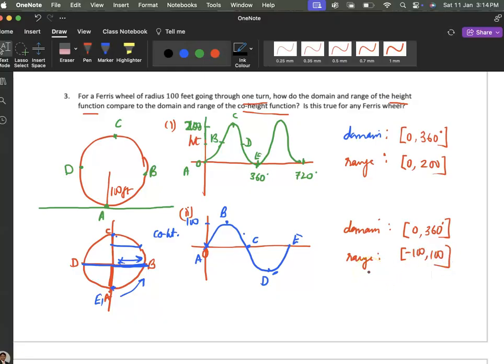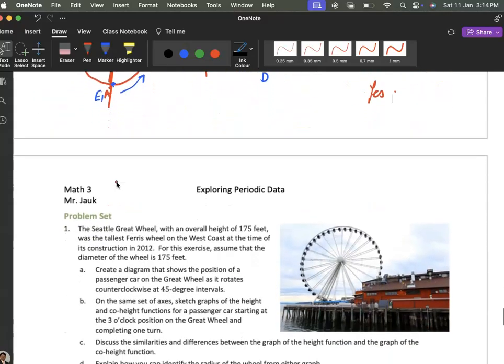I get it now. Will it be true for anything? Yes, if the starting point is the same, the domain is the same. Only the amplitude will change. If the radius is more, that 100 will change, everything else will stay.